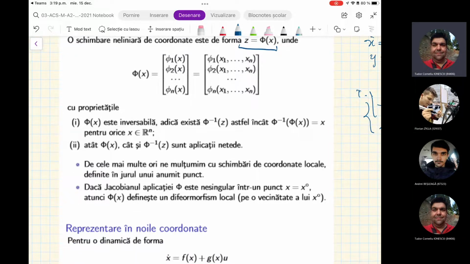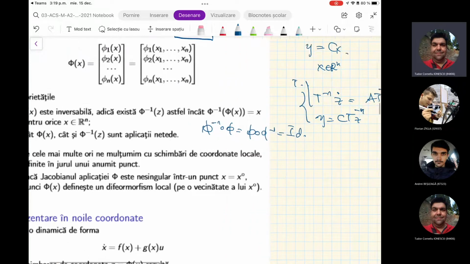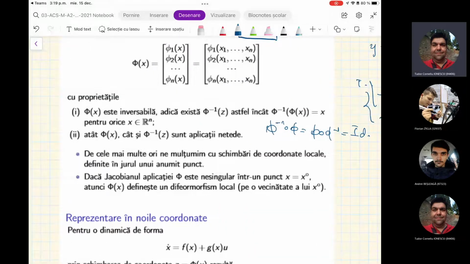Phi is invertible, in a function sense, in the sense that phi inverse composed with phi, and phi composed with phi inverse, is the identity. So that means that phi inverse of phi of x equals phi of phi inverse of x equals x.